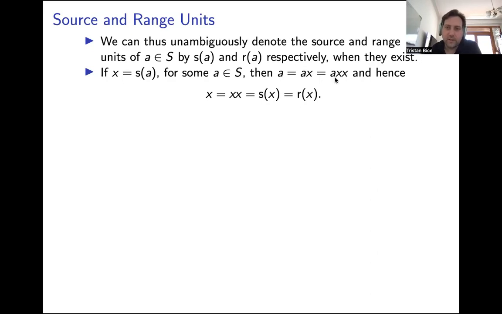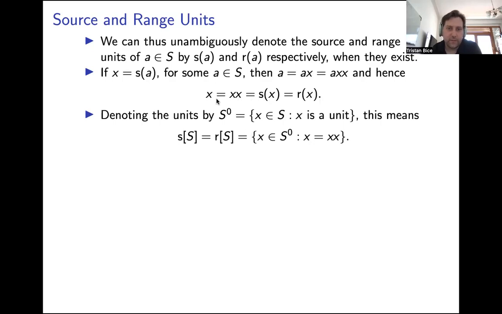What this tells us is that because this triple product is well defined, in particular, X can be multiplied by itself. And then the fact that X is a unit tells you that the only possibility for the result of X times X is X itself. By definition, this tells you that X is an idempotent, but moreover, it is the source unit of itself, and it is the range unit of itself.